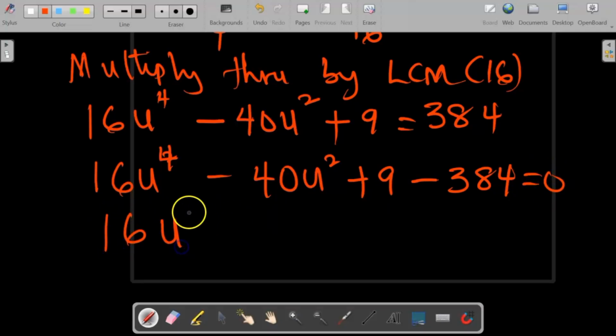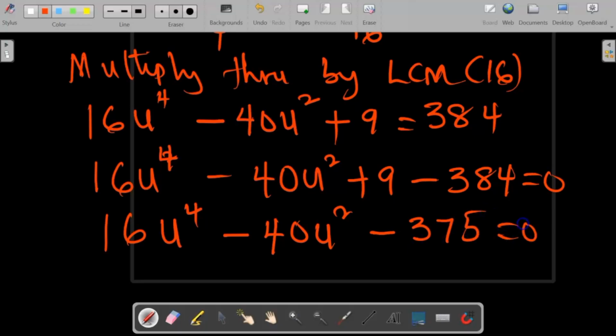So 16u to the power of 4 minus 40u squared plus 9 minus 384 is minus 375, equal to 0.